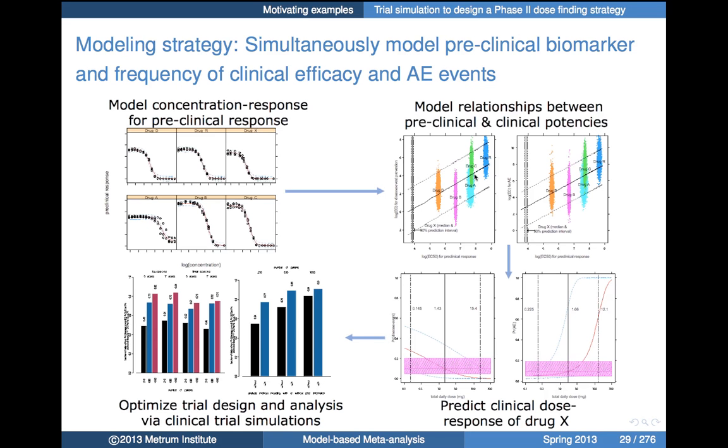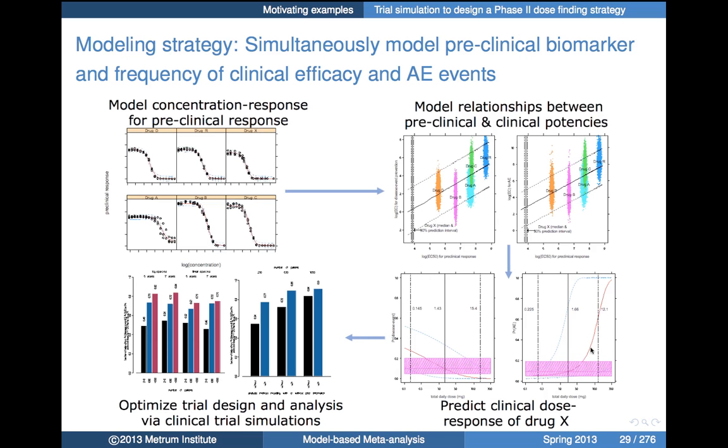Now, for the new compound, we did not have the key clinical outcomes of interest yet in any trial, so we had to use this relationship plus the preclinical data to make inferences about the likely clinical outcomes for the new compound.